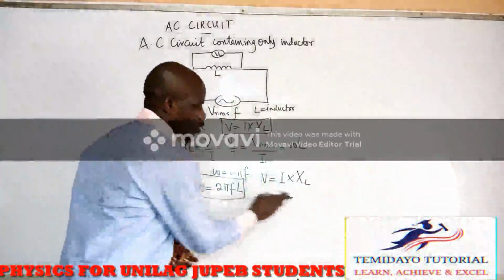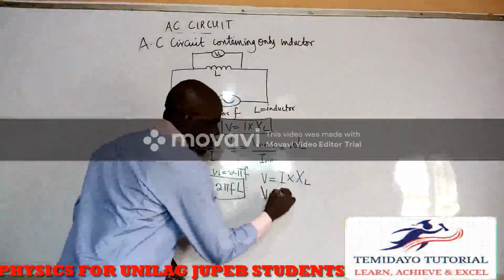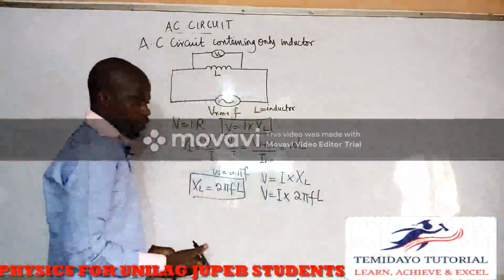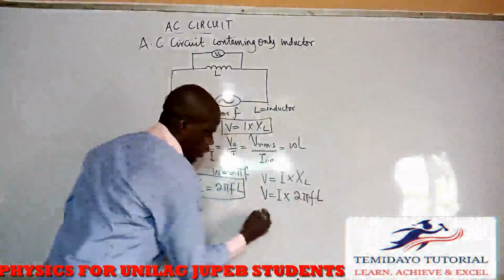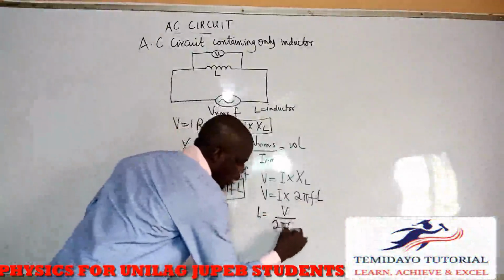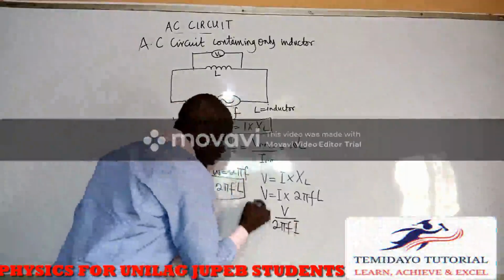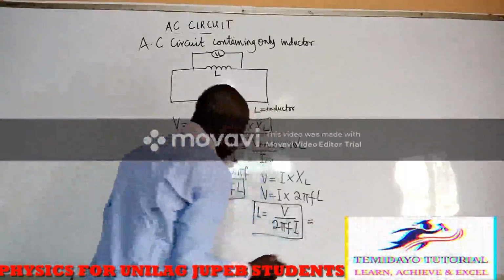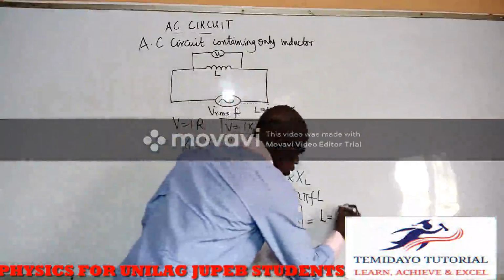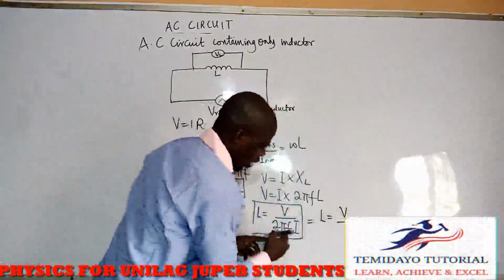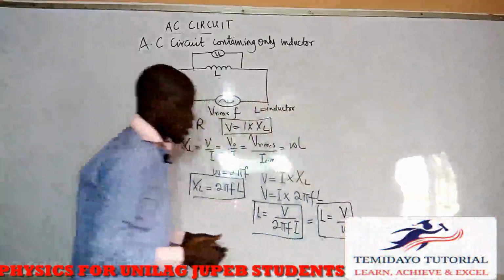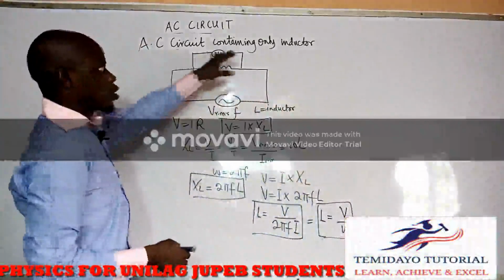So when you substitute your value back, you have your voltage equal to I multiplied by 2 pi f L. Then can we find out the inductance? The inductance L is the same thing as V over 2 pi f I, or we can simply put that L is equal to V over omega I. So we can as well apply this while we are solving questions that pertain to an AC circuit containing an inductor.